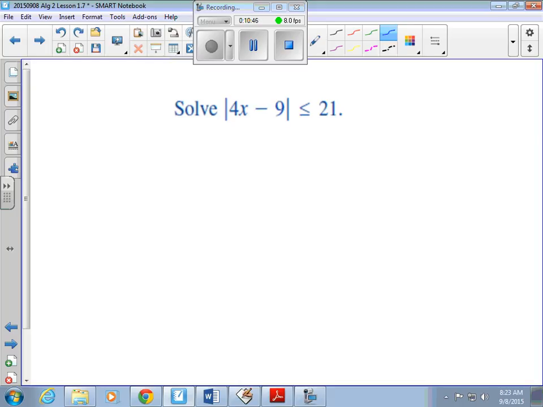If you're having difficulty with this one, it's probably because you're having problems setting it up, not necessarily solving it. So again, the absolute value of 4x minus 9 is less than or equal to 21. The first thing you're going to do is this: 4x minus 9 is less than or equal to 21. Notice all I did was drop the absolute value symbols.